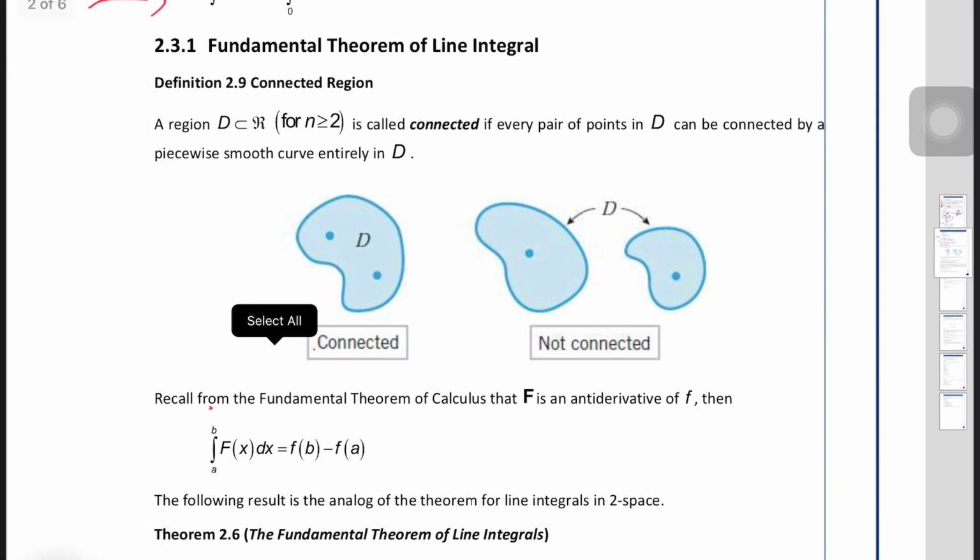Okey, misal kata inilah P, ini adalah Q, jadi dia adalah connected di sini. Okey, walaupun dia ada piecewise, dia berada dalam domain yang sama. Not connected, untuk yang not connected yang inilah, dia ada domain yang berbeza, dan di sini not connected.